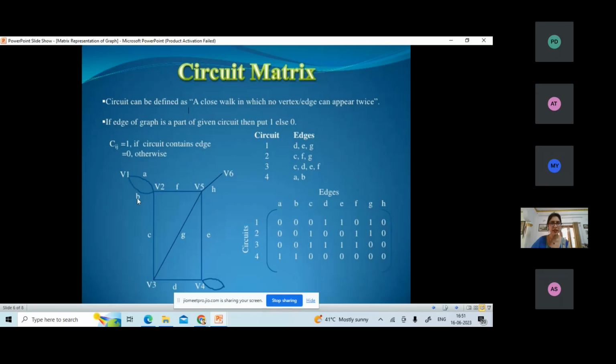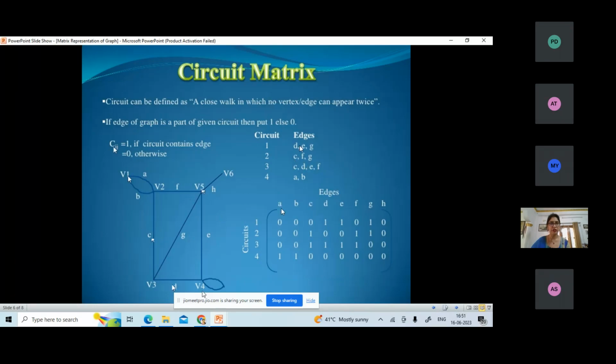How many circuits? First, D, E, G, with vertices V3, V5, V4. Another circuit is C, F, G, with V3, V2, V5, again V3. How many edges are connected?